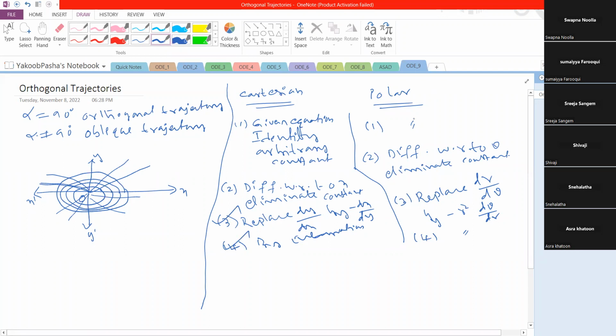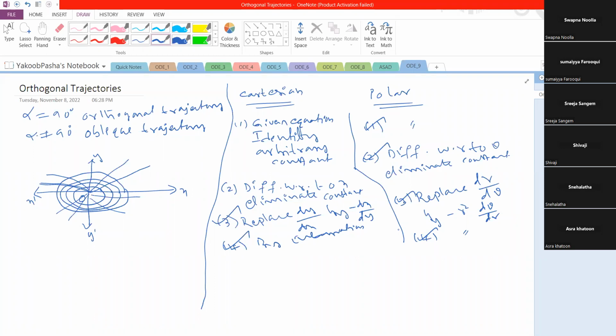In polar coordinates, first write the given equation and identify the arbitrary constant. Second, differentiate with respect to theta and eliminate the arbitrary constant, replace dr by d theta with minus r square d theta by dr, and after integration we get the required solution. This is the procedure to find the orthogonal trajectories of a family of curves.